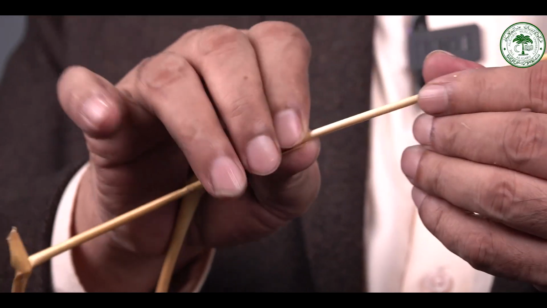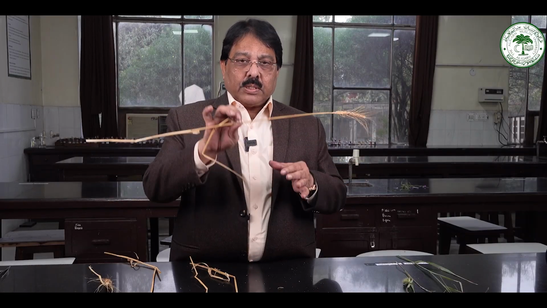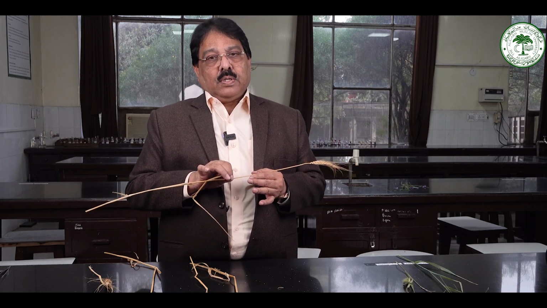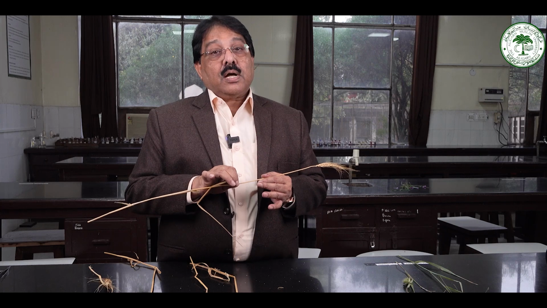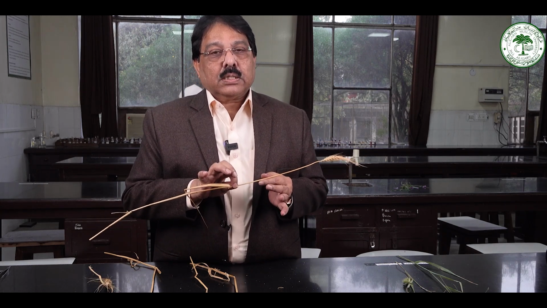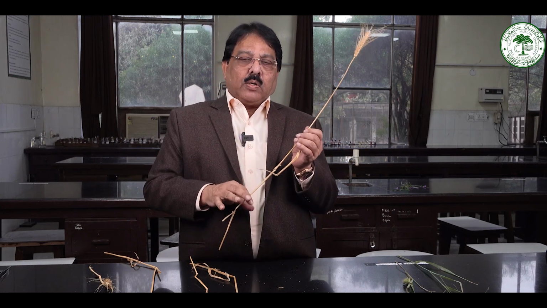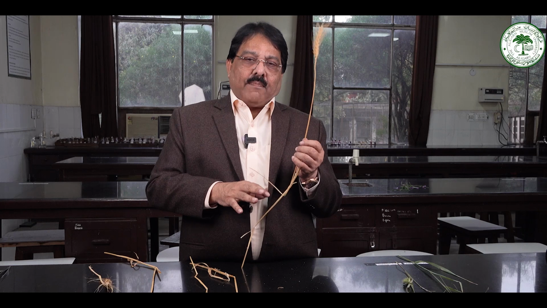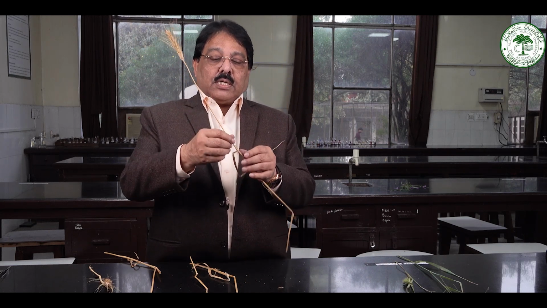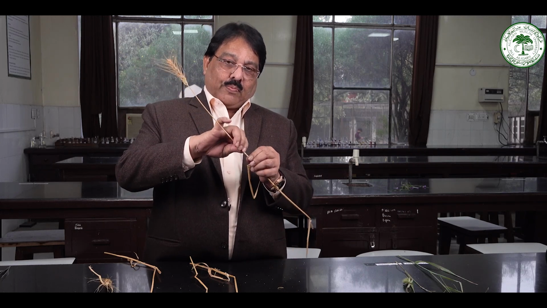And the stem, in case of the monocot, particularly in the Gramineae, is called a culm. You can't say stem, it is culm, C-U-L-M. The stem of the Gramineae is always represented by culms. So the exact terminology for the stem is the culm. In this case, the culm is circular as well as hollow.